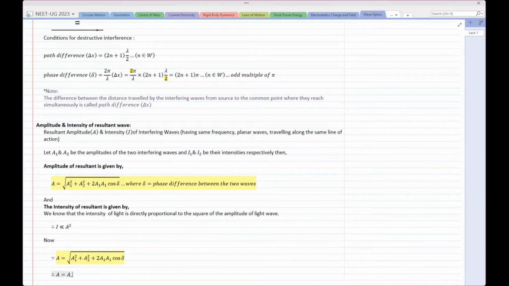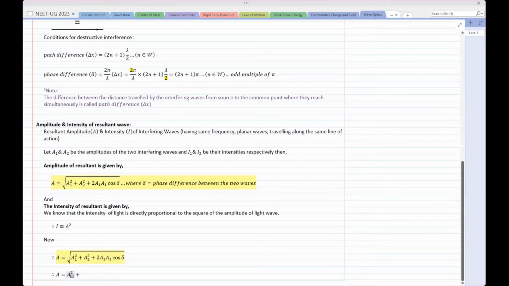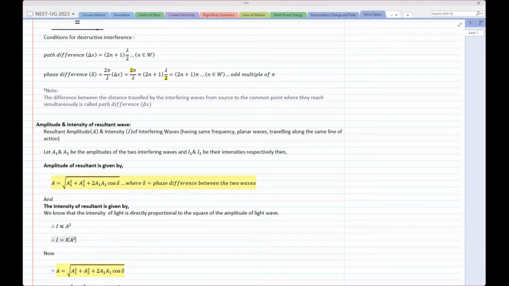It is A1 square plus A2 square plus 2 A1 A2 cos delta, right? If I just simply write it like this, therefore I is equal to K times A square, where K is some constant of proportionality, right?